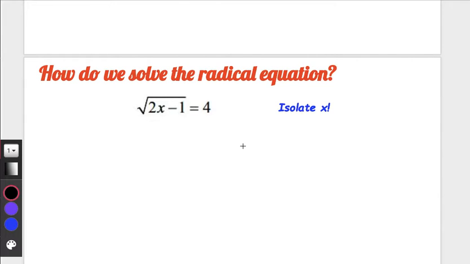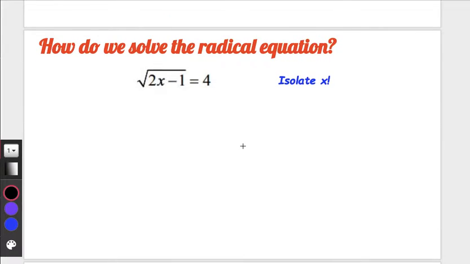The first equation we are going to work on is square root of 2x minus 1 equals 4. Solving this is very similar to solving a regular equation. The most important thing is that we are going to isolate x.